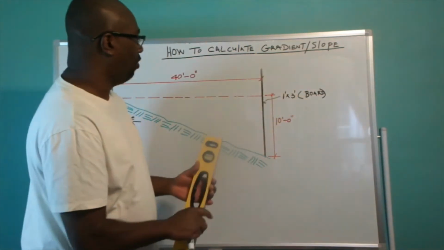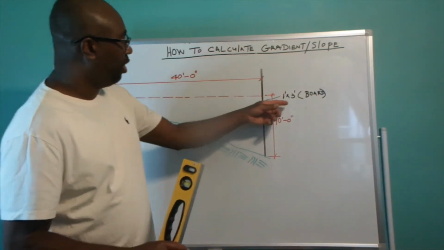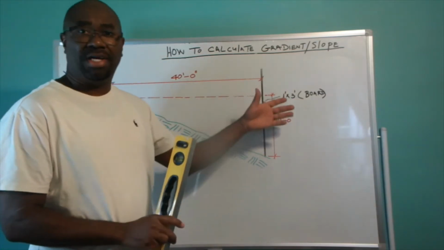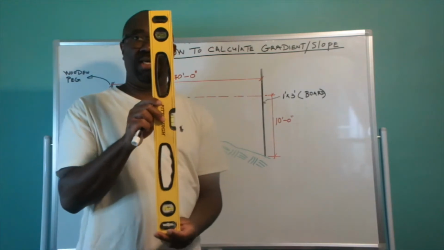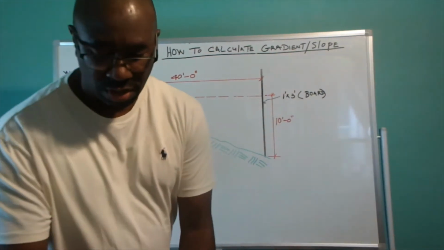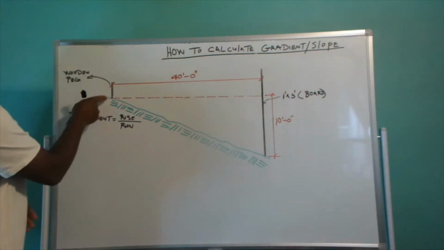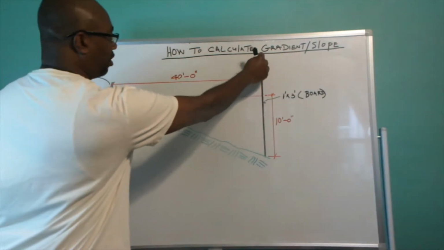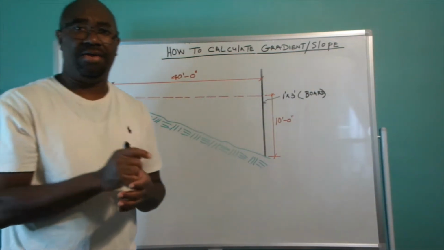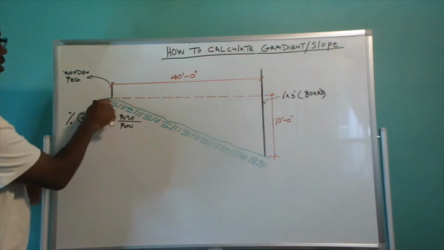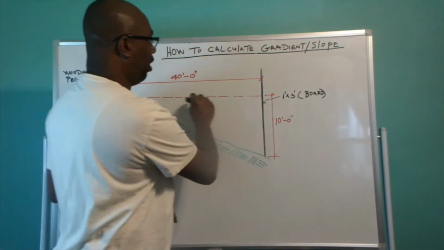So ensure that the person who is holding the staff here at the end, this 1x3 board, or it can be a 2x4, has it plumb or vertically straight so we can get an accurate measurement. After you put down your wooden peg here and your staff, or your wooden lat, you're going to use your cord line now, and you're going to put the cord line at the base of the wooden peg here, and you're going to stretch it all along here, right?